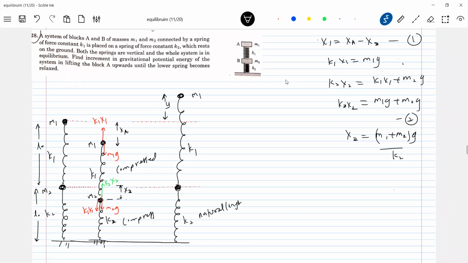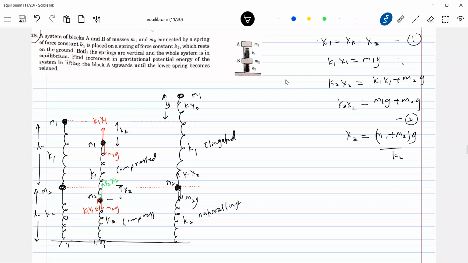This is M1. Now look at the spring, whether elongated or compressed. The spring one is elongated, so the spring force should act here. Then M2G. So this is elongated.